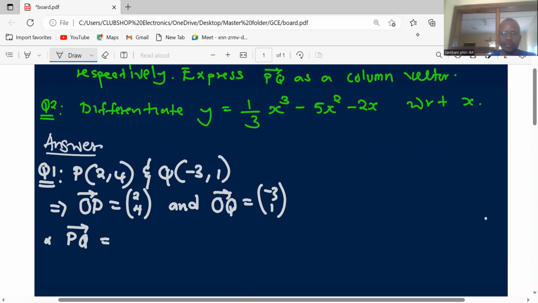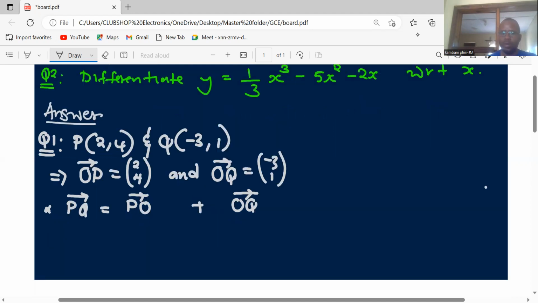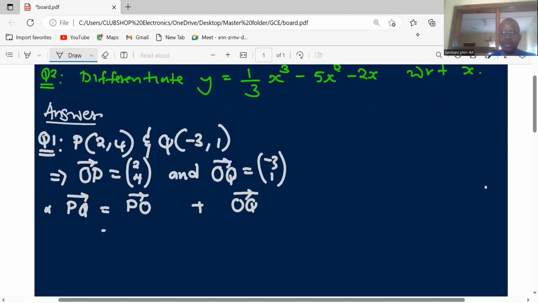So it means we must start with P and end with Q. So we need PO, but what we have here is OP.